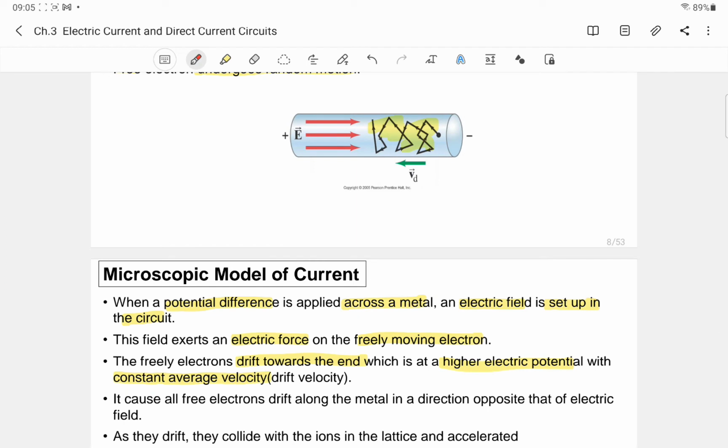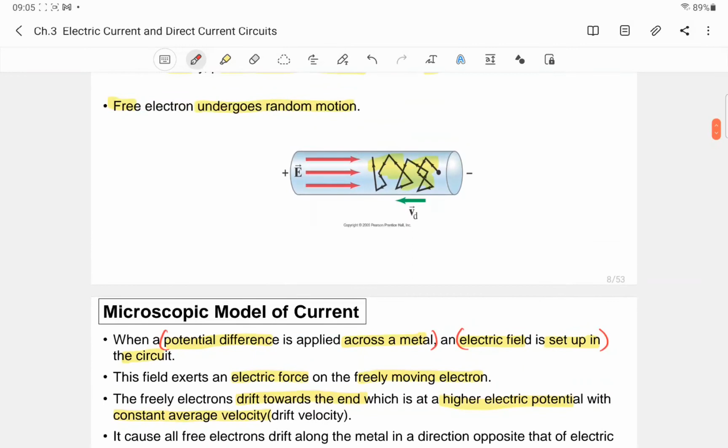Once the potential difference is set up in the metal, remember that electric field is set up in the circuit. So ada electric field from positive to negative, dan dalam masa yang sama kita ada electron, the drift electron akan move from negative to positive. Okay, ini adalah direction of drift velocity of the electron.